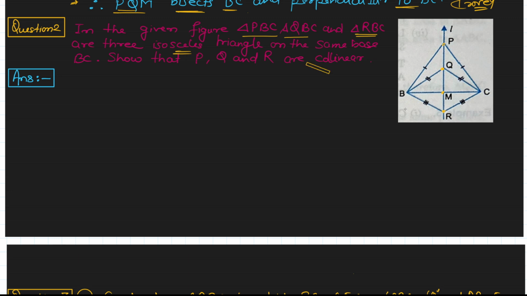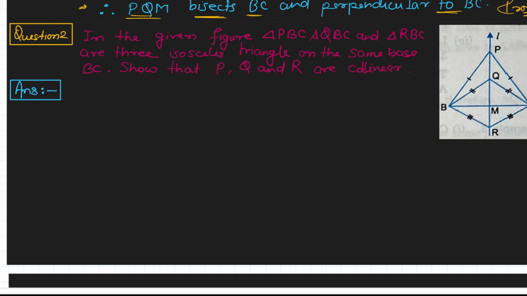So what we will do in this? First thing here, triangle PBC, triangle QBC and triangle RBC are isosceles triangles on the same base BC.